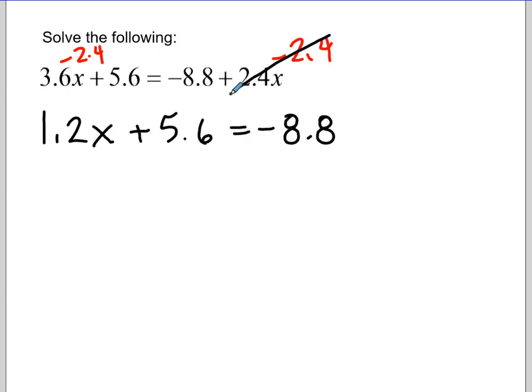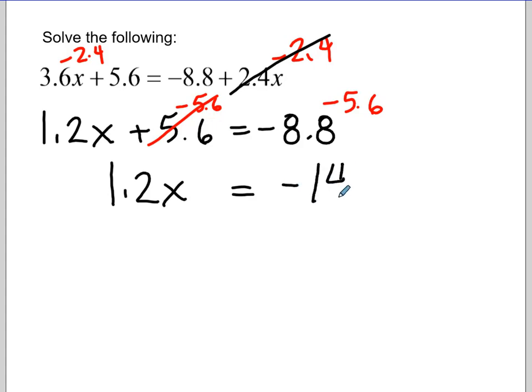Because these guys canceled themselves off. Now I'm going to subtract 5.6 from both sides. These guys will cancel each other off. And you'll notice my problem is getting smaller and smaller. I don't have any faith in my mental math at the moment because it's late at night, so I'm going to just trust my calculator for a minute.